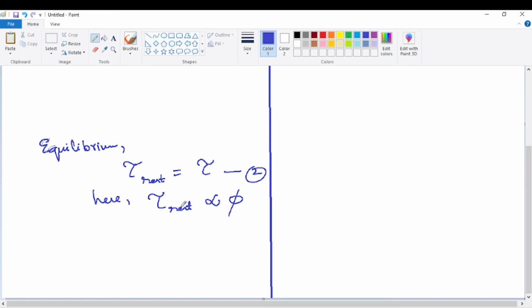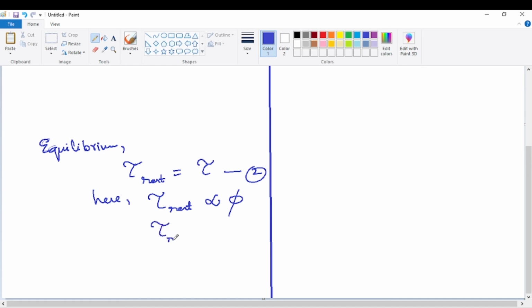This can be proved from the definition of rigidity modulus, from Hooke's law of elasticity. Every proof comes from some law or scientific definition. There are three moduli of elasticity: Young's modulus, bulk modulus, and rigidity modulus. This equation comes directly from Hooke's law, considering only the rigidity modulus.